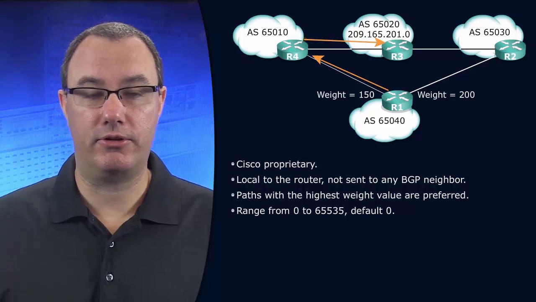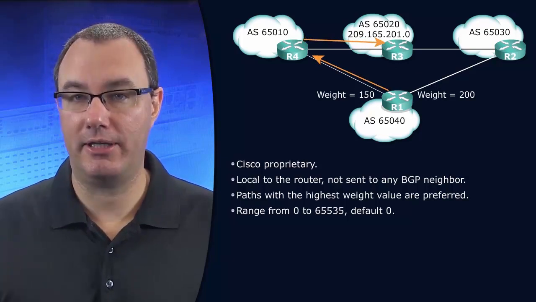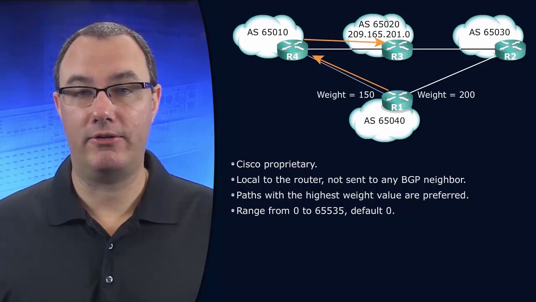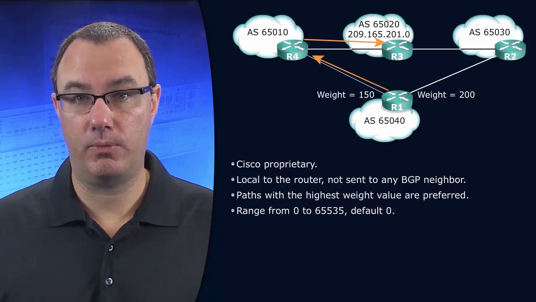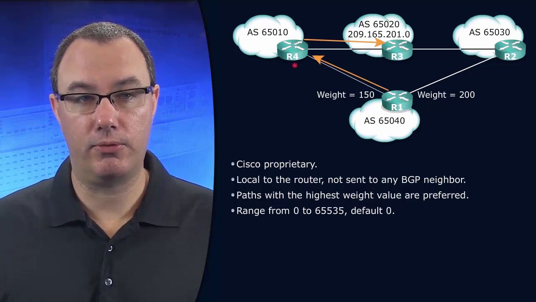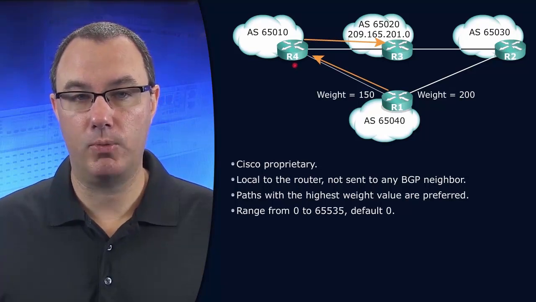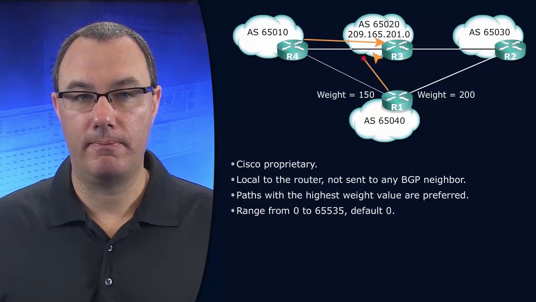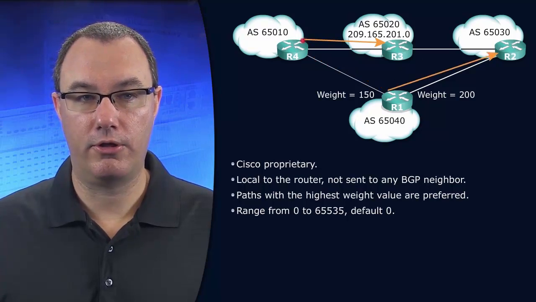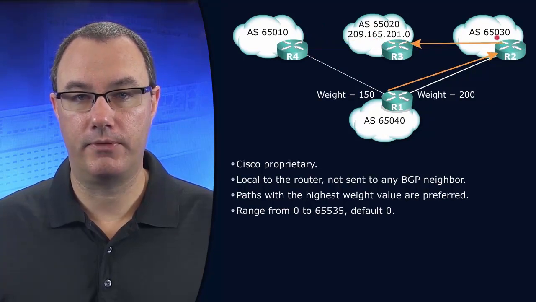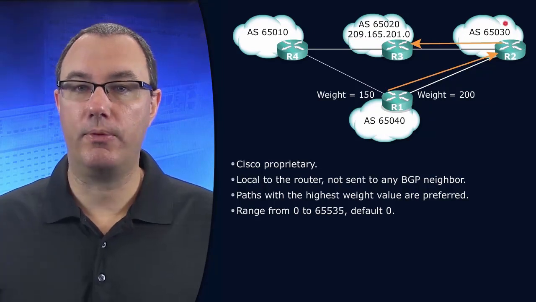BGP might have chosen, without us manipulating anything, a weight of 0, with a weight of 0, that is going to go through R4. But we want it to be different. We want it to go through Autonomous System 6530.